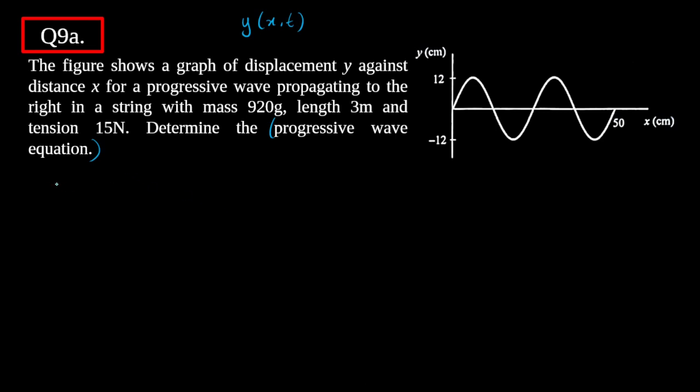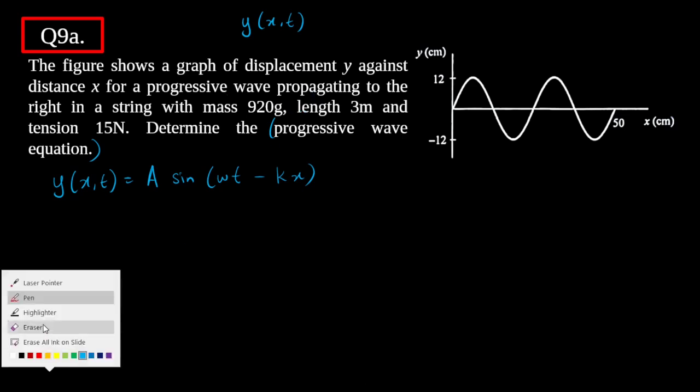The general equation for any progressive wave is y(x,t) equals A sin(omega t minus kx).